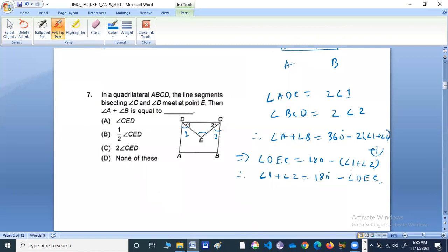Right. If I put that here, so this becomes what? Angle A plus angle B is equal to 360 degree minus 2 into 1 plus the value we have put.